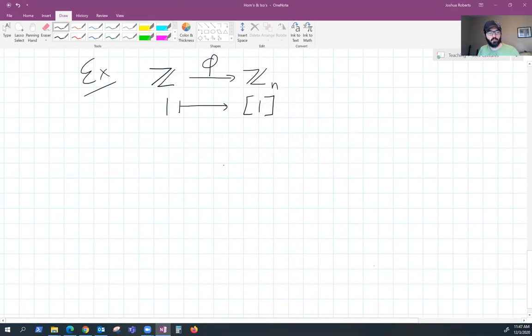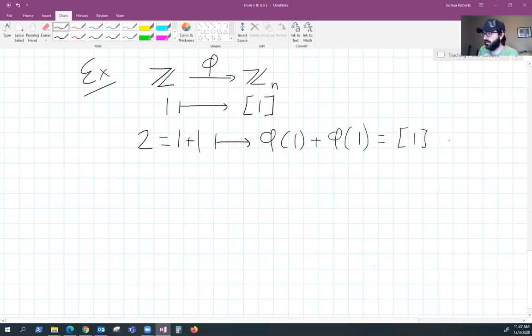Now, it's a theorem that you've probably seen that cyclic groups are completely determined by where the generators go. In other words, any homomorphism from Z into any other group is completely determined by where 1 goes. If I want to see where the element 2 goes, that's just 1 plus 1. Because this is a homomorphism, this is the same thing as phi of 1 plus phi of 1, which is the class of 1 plus the class of 1, which is just the class of 2.